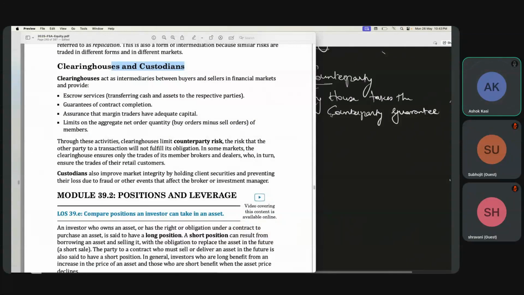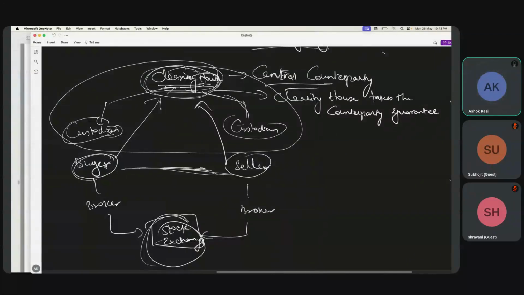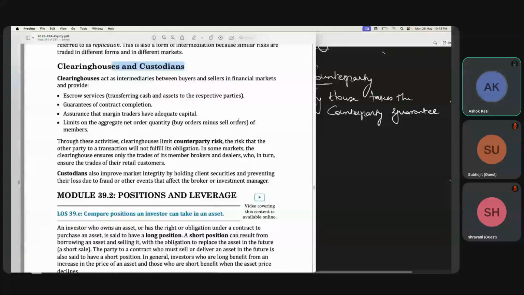Now this part I have elaborated in the trade life cycle video. You can watch that one, or even if you understand this much, it is fine. Okay, so they are the ones acting as the guarantor. Then they are reducing the counterparty risk. Then custodians also we have seen.